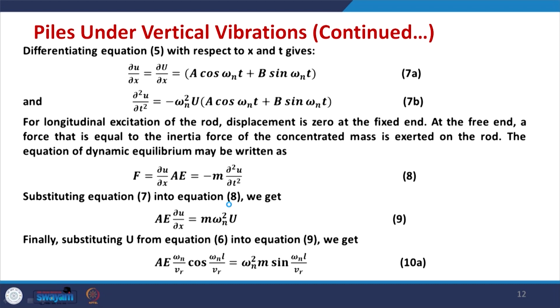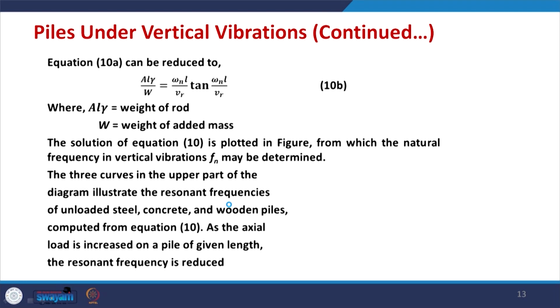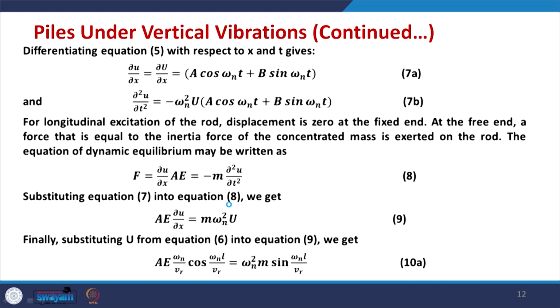When you simplify equation 9 further, it can be written in the form given by equation number 10a, which is further simplified in 10b. So, 10b is the final outcome, which is a relation involving the weight W, and a is again a constant.